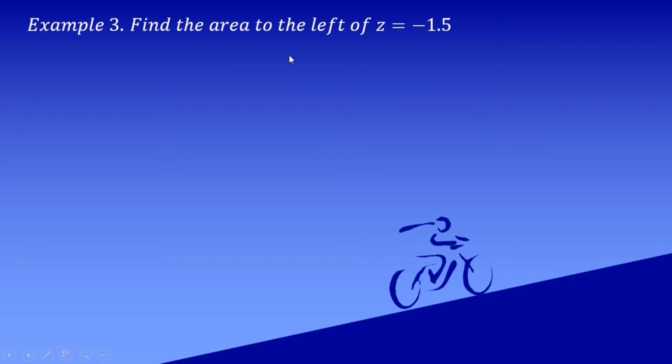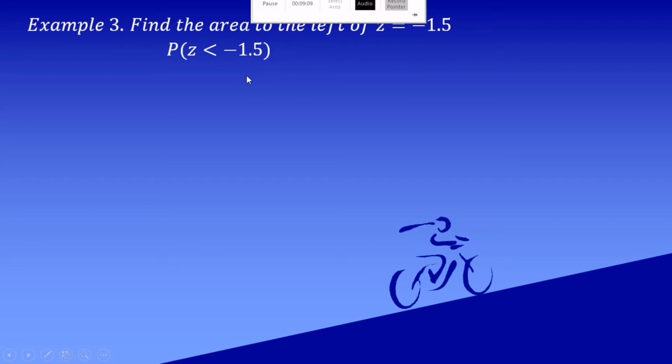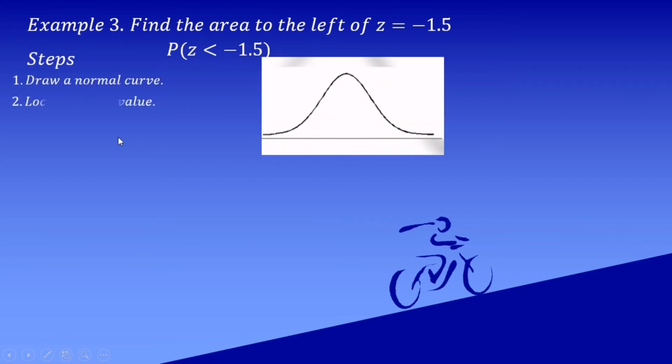For case 2, example number 3, find the area to the left of z equal to negative 1.5. Then the probability notation is z less than negative 1.5. Yan ang ating specified value of z-score, negative 1.5. Yung unang step natin, normal curve, then locate the z value.